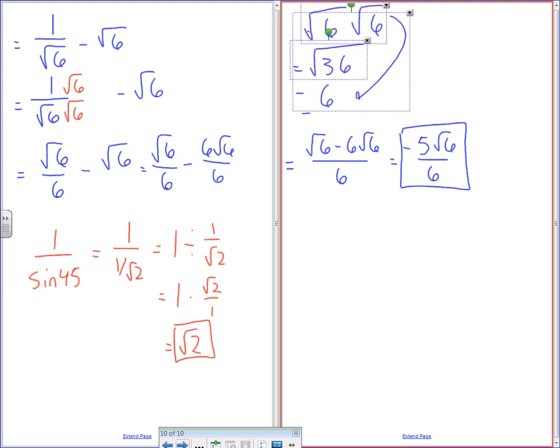If that was x, then x minus 6x would be negative 5x. It's the same logic behind that. Think of one of something minus 6 of something as minus 5 of something.